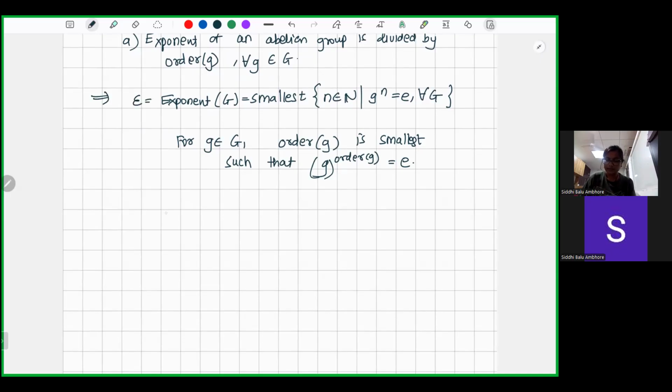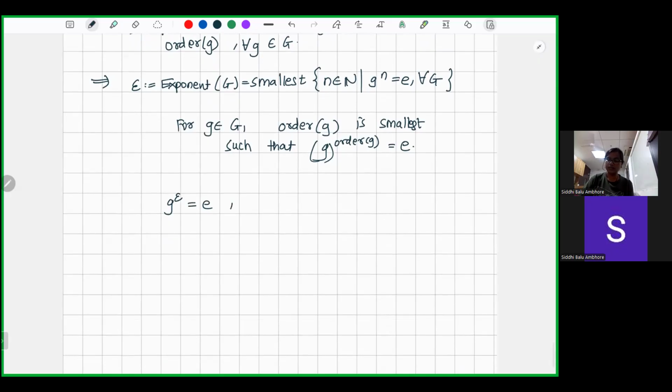And this exponent is such that g to the power epsilon is the identity.